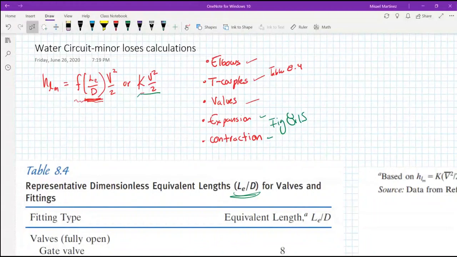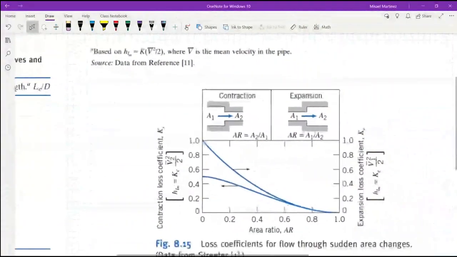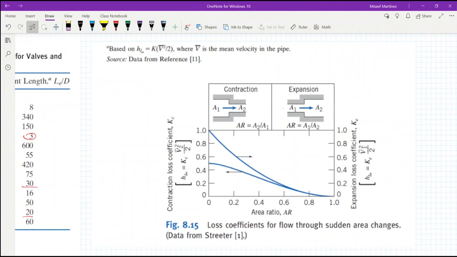Now for the expansion and contraction, you're using the formula that has the K in it. So we're gonna go to figure 8.15, and it looks something like this. You see on the left side you have the contraction loss coefficient, or Kc, and on the right side you have the expansion loss coefficient, or Ke.